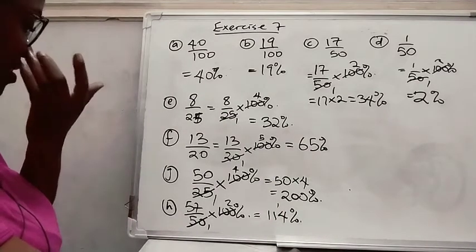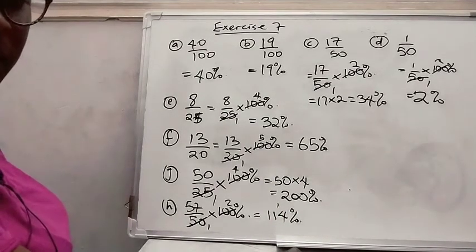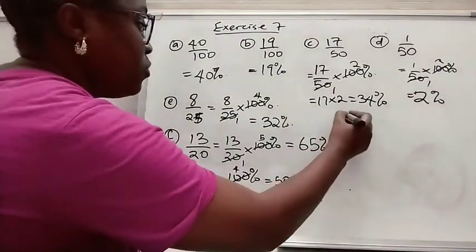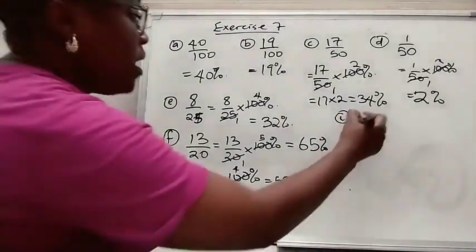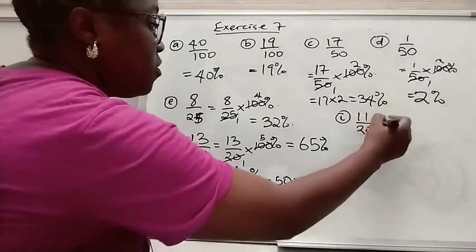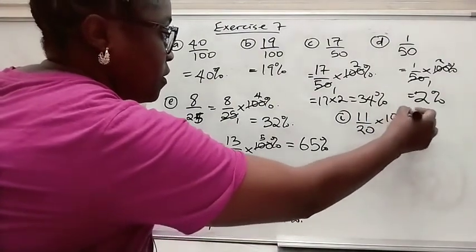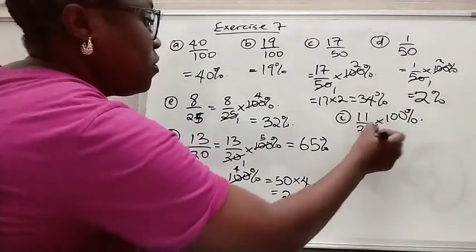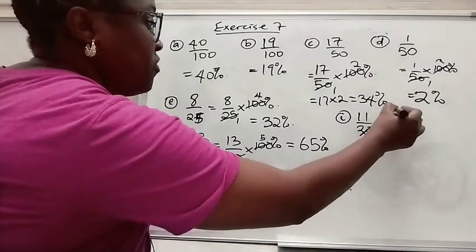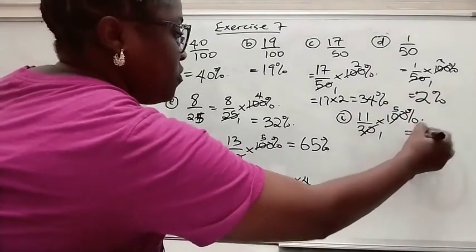Then we have a mixed fraction. First of all, let's solve this one before we go to the mixed fraction. We have 11 over 20, converting to percent. 20 goes here 1, 20 goes here 5, giving us what? 55%.